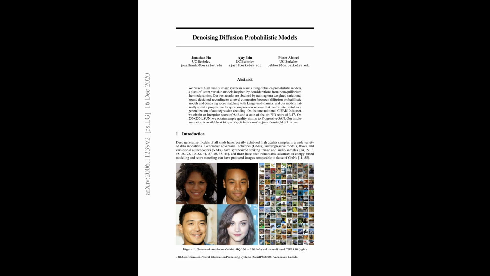All the modeling capacity goes into the reverse process, which is a deep chain of denoising steps rather than a single decoder. This separation is what allows diffusion models to avoid the posterior collapse and blurriness issues that plague VAEs.